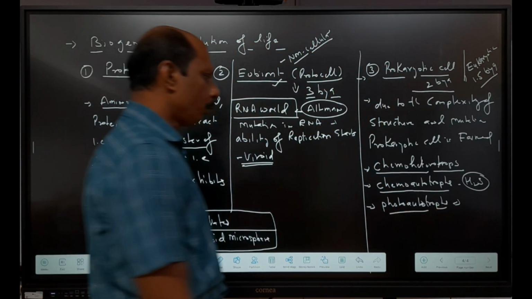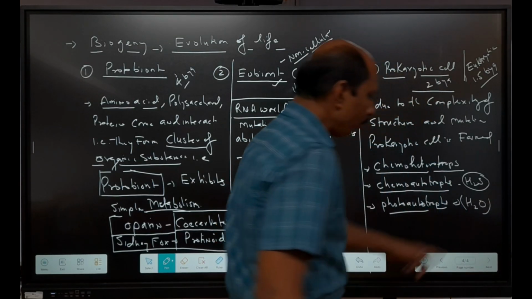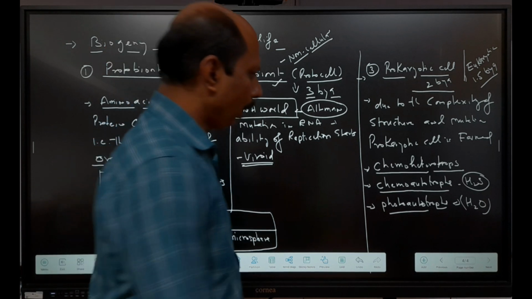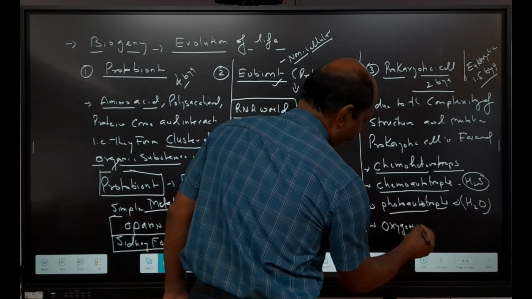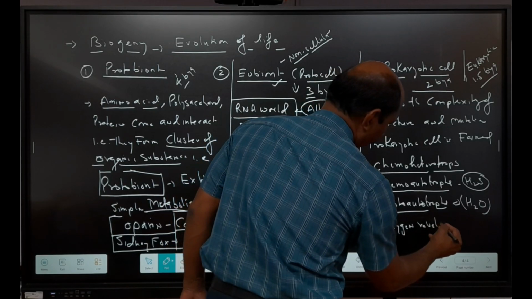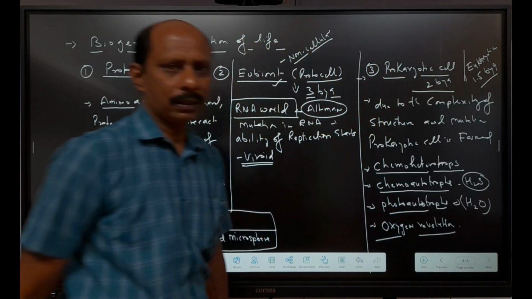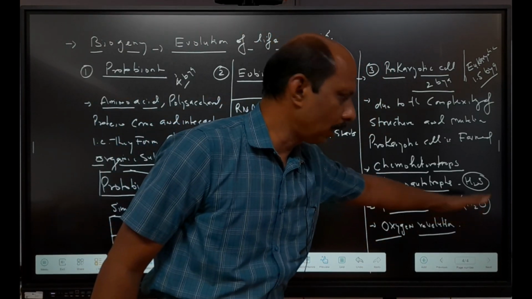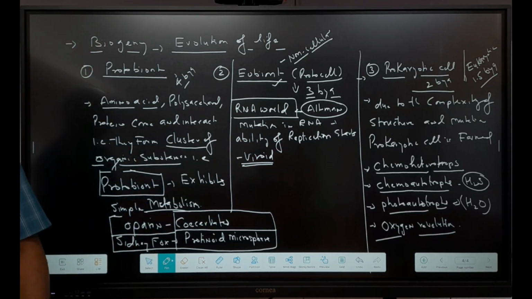Then they use H2O as the hydrogen donor. When they use H2O as hydrogen donor, the oxygen revolution starts, because now in photosynthesis oxygen is released through algae, blue-green algae, right?